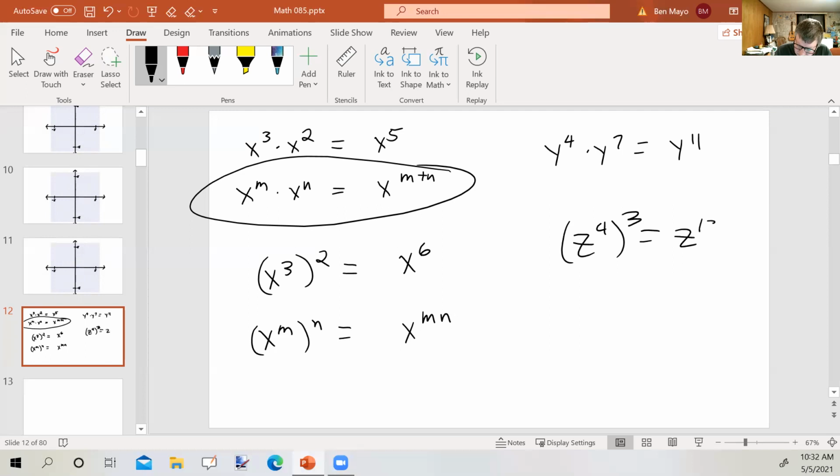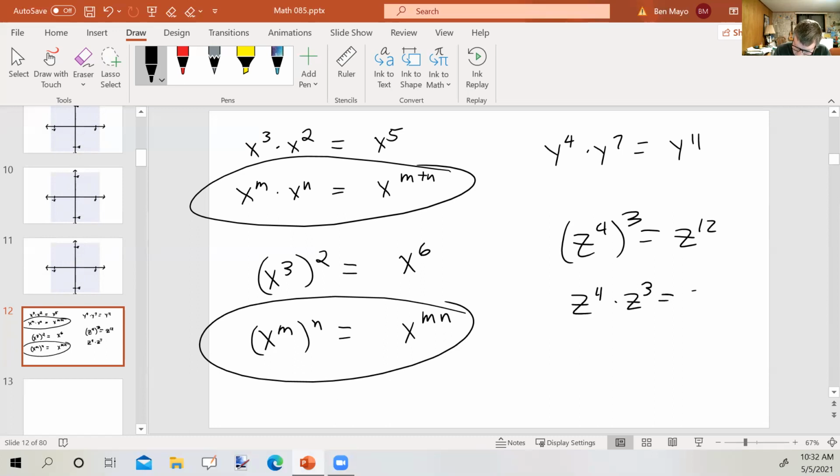That would be z to the 12th power. Now, don't confuse this with the first rule. If you had z to the 4th times z to the 3rd, that's z to the 7th power. So when you're multiplying two powers with the same base, you add the exponents. But when you have a power raised to a power, you multiply the exponents. So be careful of those two.